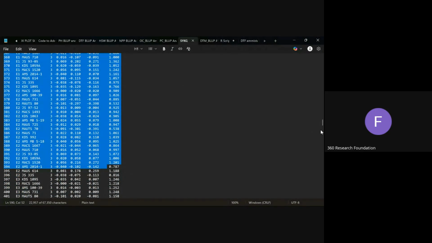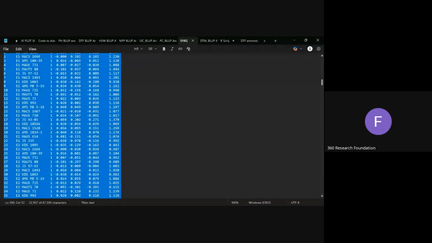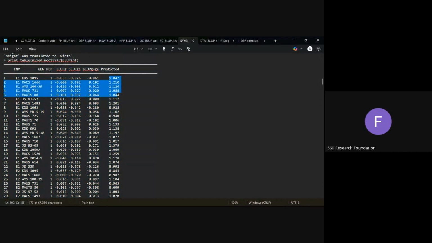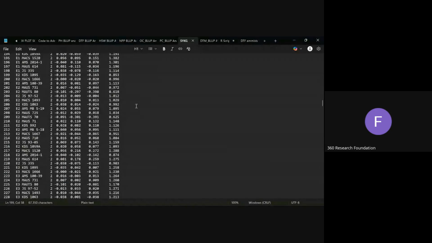And from that, the predicted values also. After analysis, these are the predicted values for each genotype across each location and replication. So these are the BLUPs for the three, and these are predicted values, not observed, not expected.